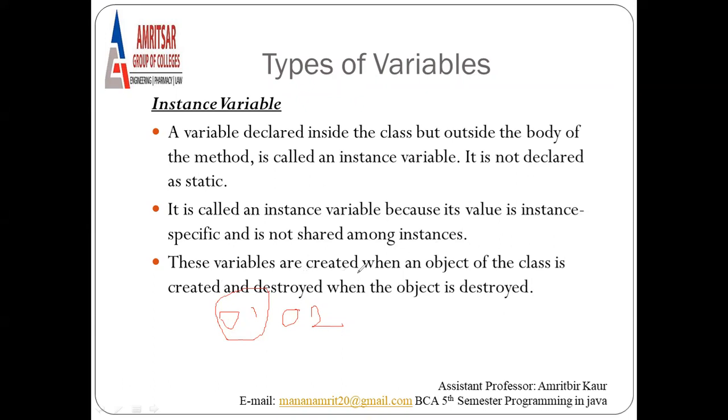The variables are created when an object of the class is created and destroyed when the object is destroyed. So when we create an object, these variables are created, and when our object is destroyed, these variables are destroyed. So the scope of this variable depends upon the object.